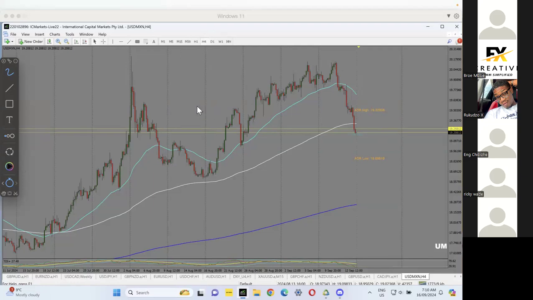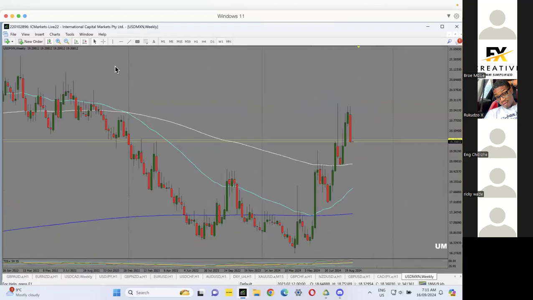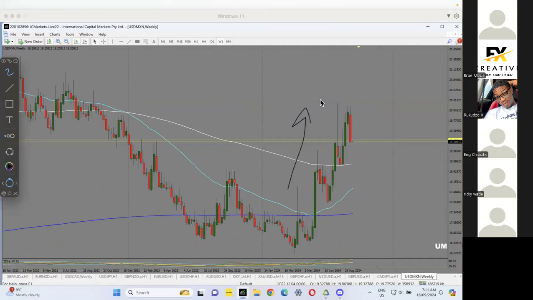So on your weekly, you know that the market is a buy. You've got this whole nice buying momentum going up. But remember what I was telling you, this week right here is representing what you see on H1. And remember how we did not take out the highs, and we are in level 3.